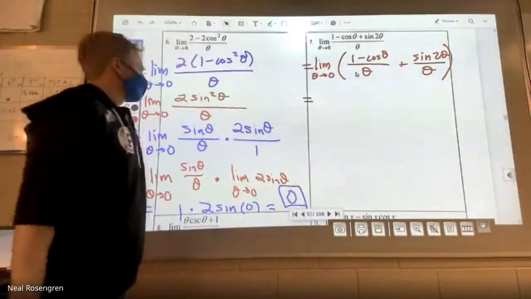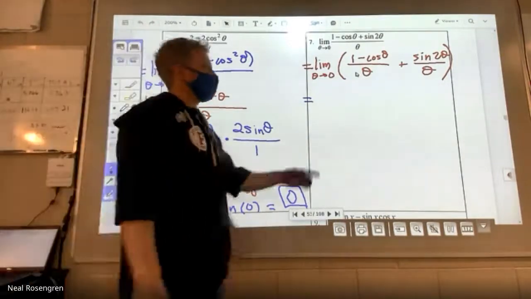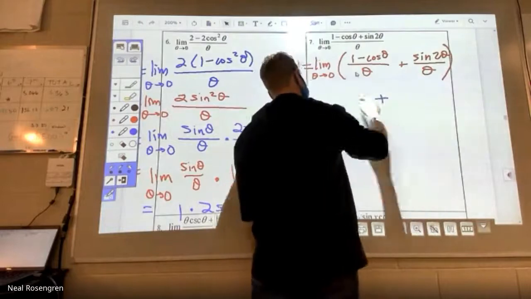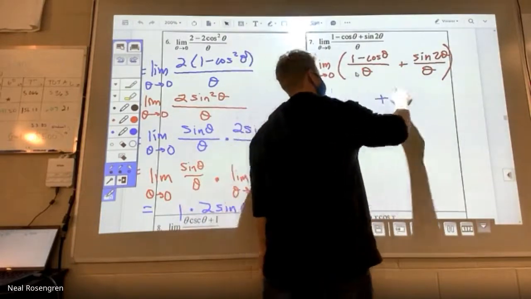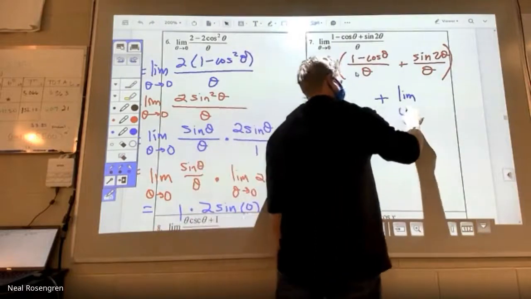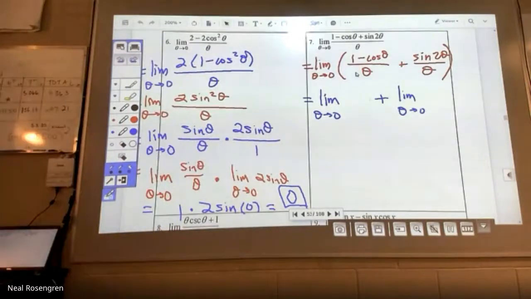The limit of a product is the product of limits. The limit of a sum is the sum of 2 limits. Properties of limits allow us to do that, which is so nice. Just like properties of exponents, properties of numbers, properties of everything.